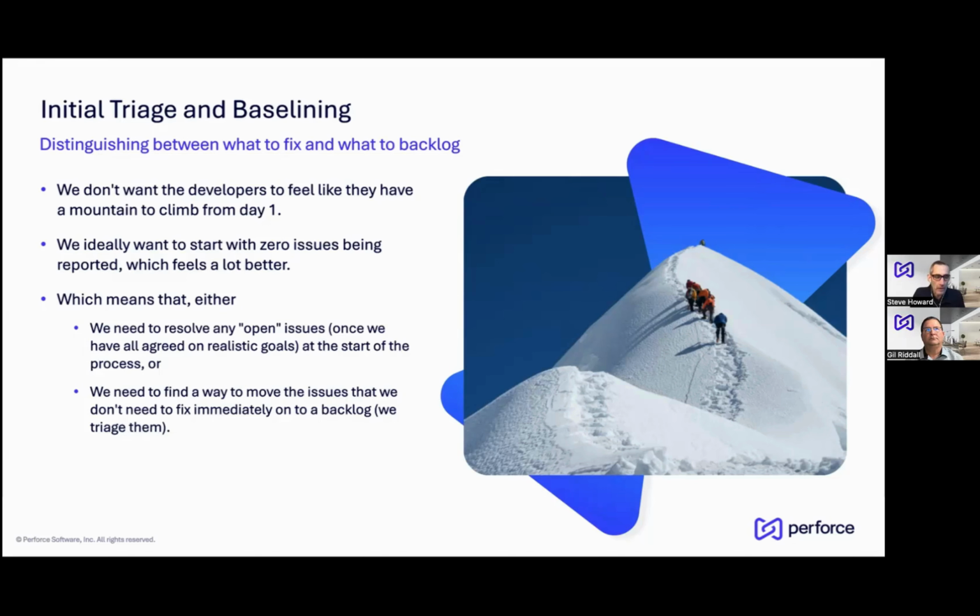So we're going to triage them and process them in some way. There are lots of different ways we can do this. We can, for example, start with 0 issues. Just say, okay, everything that we have in this initial analysis, we're going to put in the backlog and we'll deal with it later.